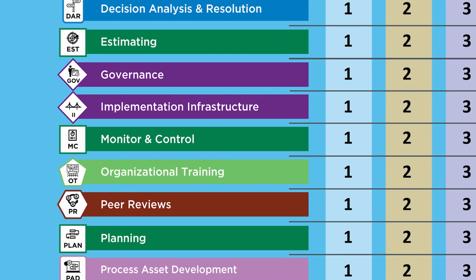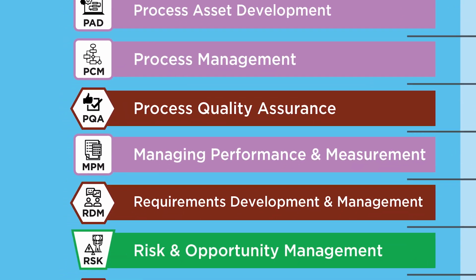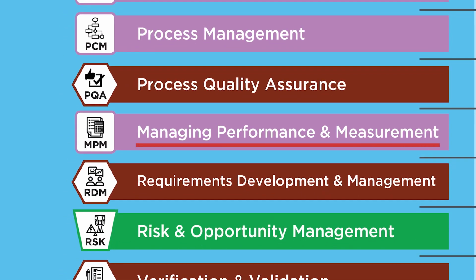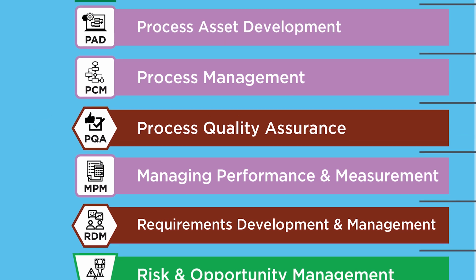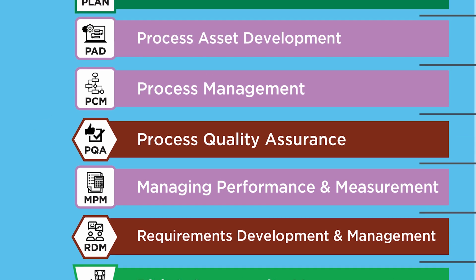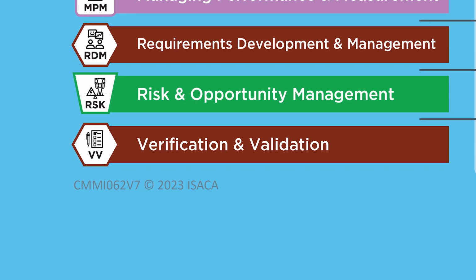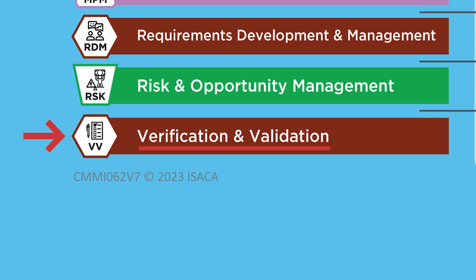This includes estimating and planning for the solution, estimating EST and planning PLAN practice areas, measuring the performance of the solution, managing performance and measurement or MPM practice area, and verifying the quality and effectiveness of the solution, process quality assurance PQA, and verification and validation VV practice areas.